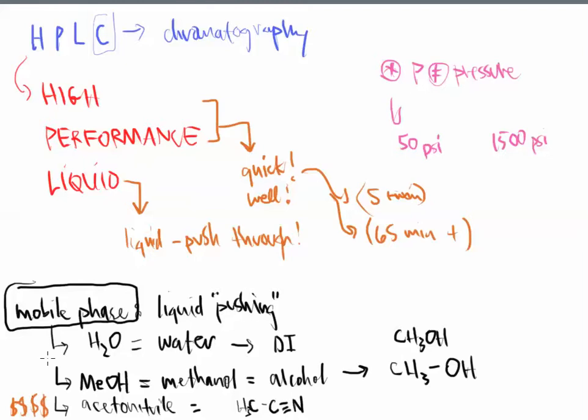A lot of times we order things in milliliters or grams, and a 500 milliliter jug of acetonitrile can easily cost $700 to $1,000 per jug.